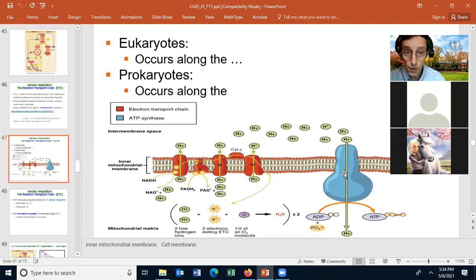And this is how, in aerobic respiration, the electron transport chain creates ATP by pumping hydrogen ions from this side of the membrane to that side, and then using that hydrogen ion twofold gradient to make ATP. And this is called chemiosmosis, but that's not a term that I will use further. Okay? All right, any question about any of this?